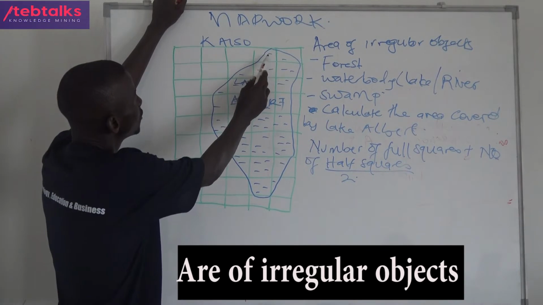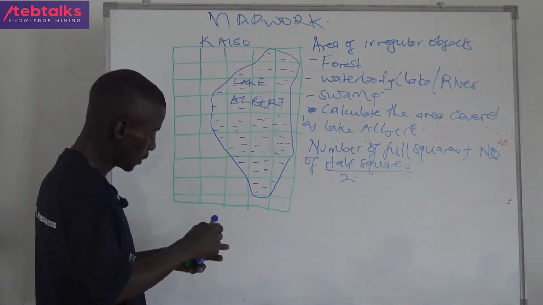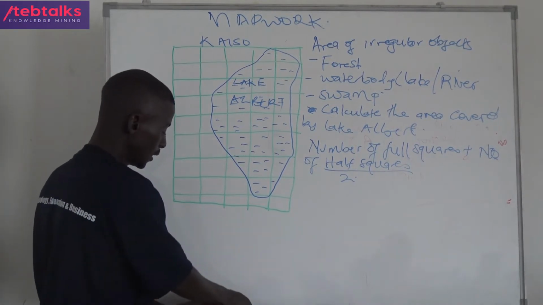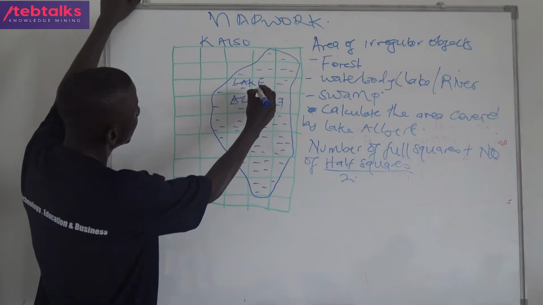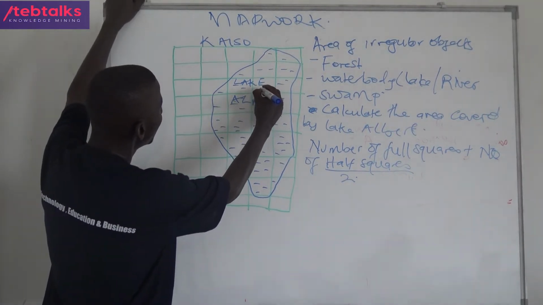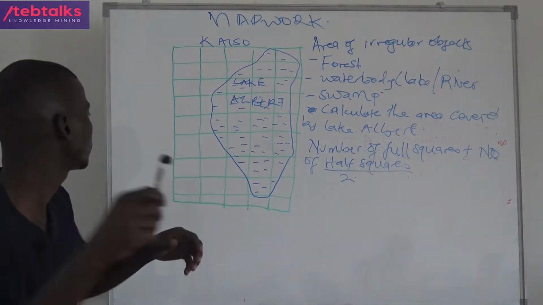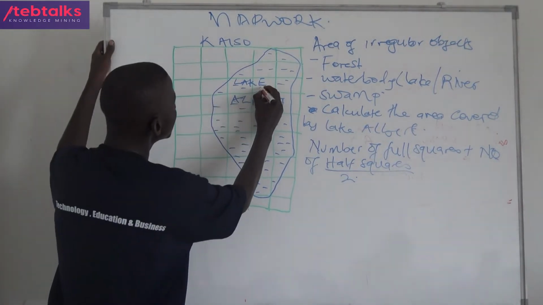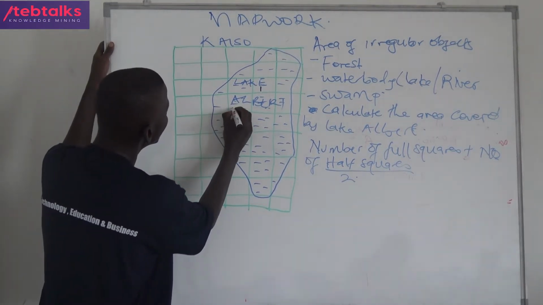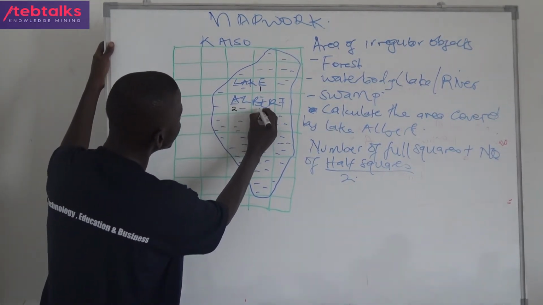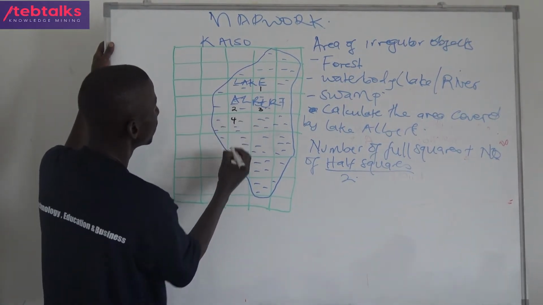For instance, this one is not fully covered, that one is not fully covered. Those which are fully covered: this one is fully covered. You say 1. This one is 1. Is this fully covered? No. This one, yes, 2. This one, yes, 3. This one, yes, 4.